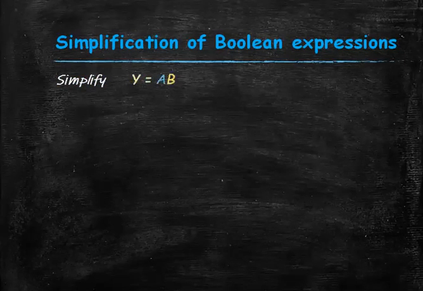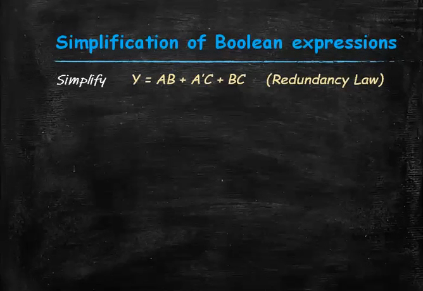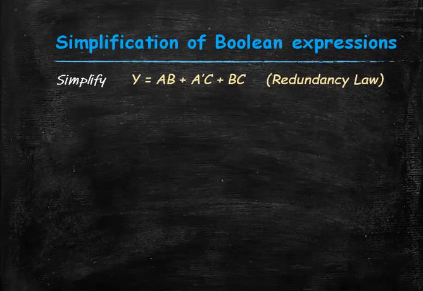The next is simplify Y is equal to AB or A bar C or BC. You have to prove the redundancy law.